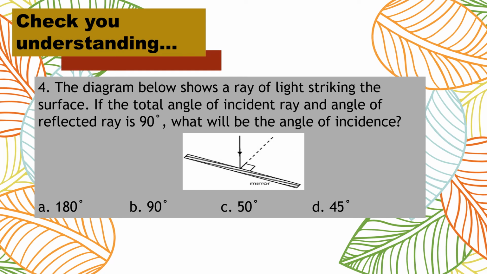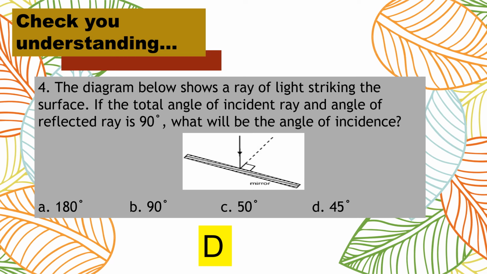Very easy. Simply, you have to divide 90 by 2. What is the answer? The answer is letter D, 45 degrees.